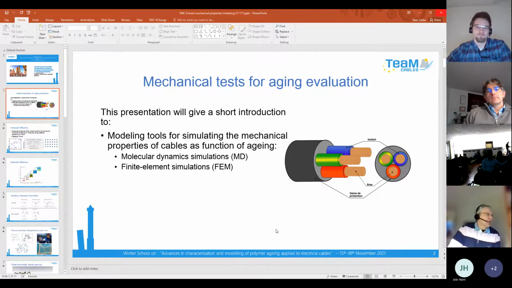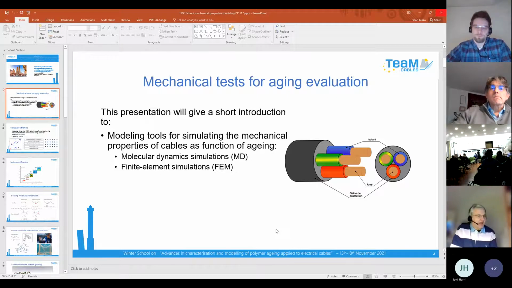And as said, this presentation will give you a short introduction to the modeling tools for simulating the mechanical properties of cables as a function of aging using the techniques of molecular dynamic simulations and finite element simulations.